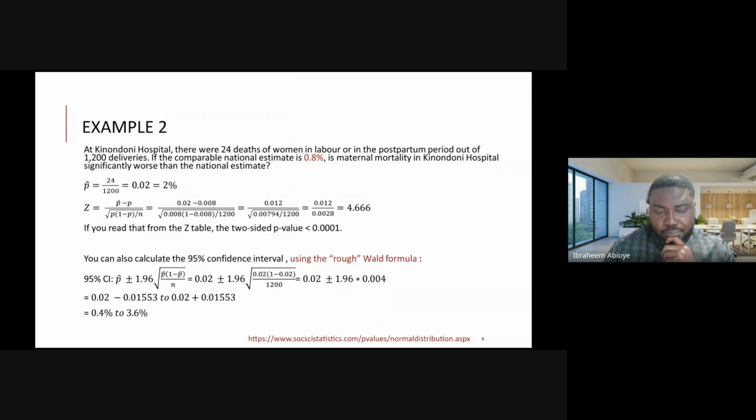So at Kinondoni Hospital, the proportion is 0.02, which is 2%. But nationally, the proportion of deaths is 0.8%. Do you think that this 0.8% is different from the 2%?